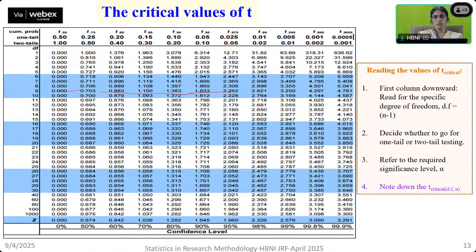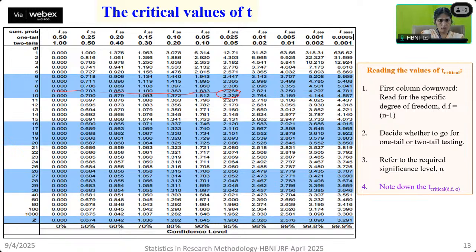It will come out to be 2.262. 2.262 will be the value of t corresponding to 10 repeated measurements, wherein the degrees of freedom is 9. So all of you should practice reading this t table, degrees of freedom and the significance level.